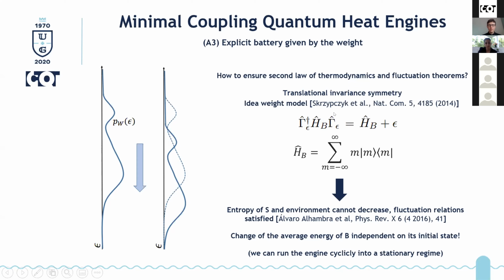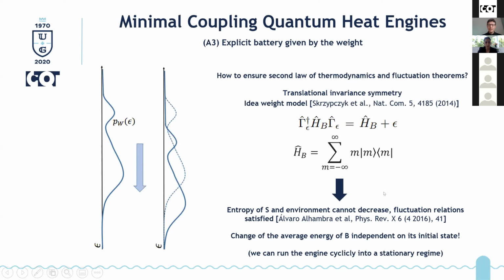We make this assumption after the work of Skrzypczyk from 2014 that the translation operator defined in this way, which just pushes the state of the system down or up, commutes with the unitary that acts on the battery and the system.